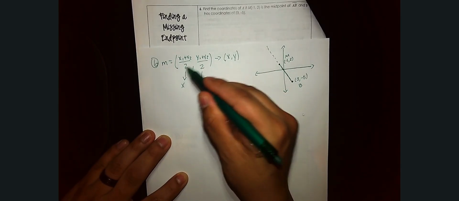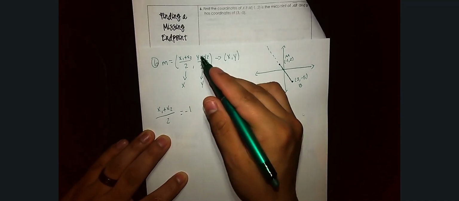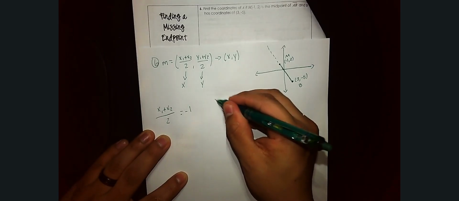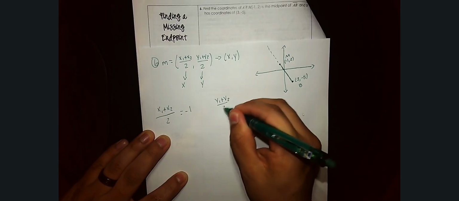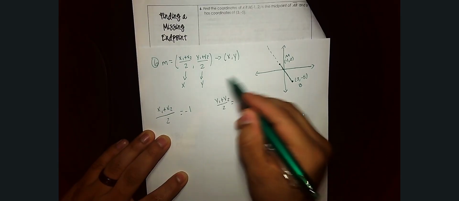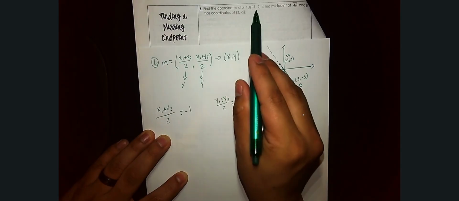So the whole first piece is going to equal -1, and the same thing here, the whole second piece is going to equal 2, because they have already told us my midpoint.